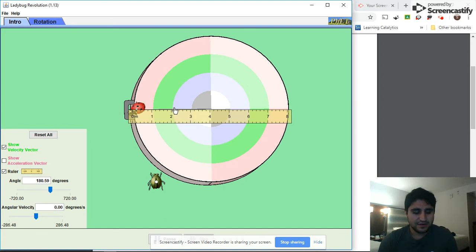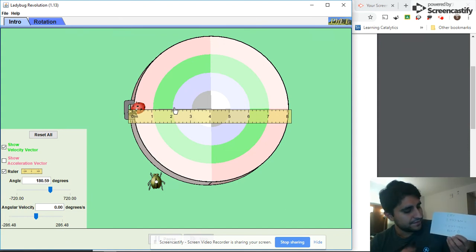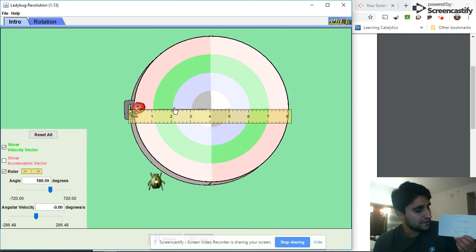And let's look at that relationship that we talked about yesterday. Linear displacement is equal to the radius times the angular displacement. This relationship right here. So both bugs traveled the same degrees around, 180, but different radiuses. That's why we got different displacements.